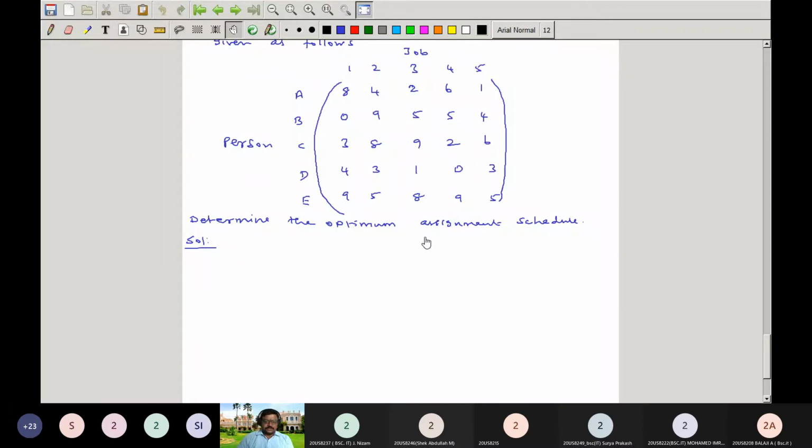So the number of rows is equal to the number of columns. So the given assignment problem is balanced.